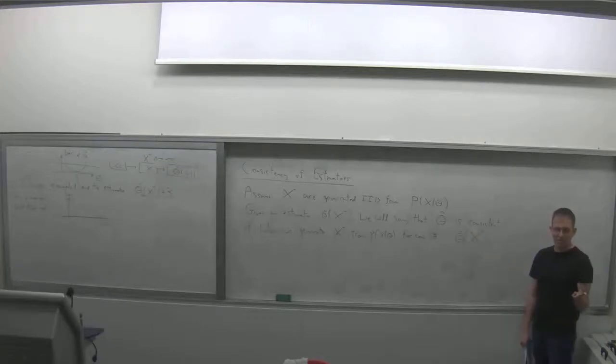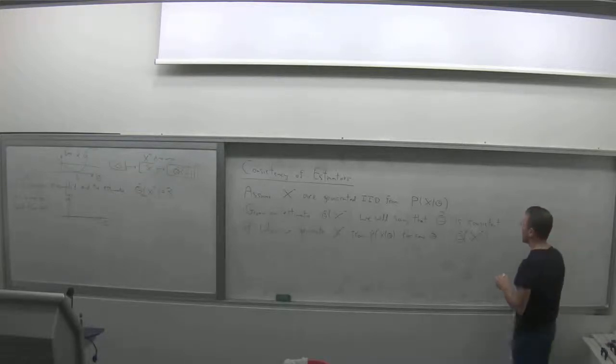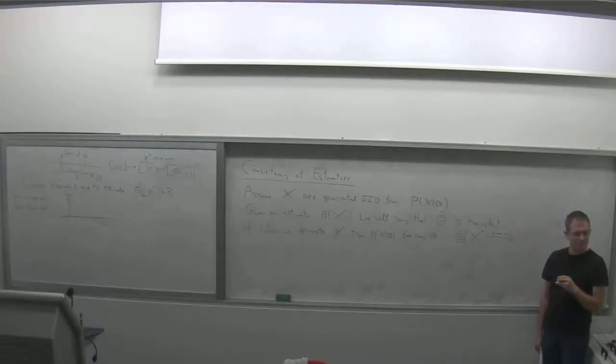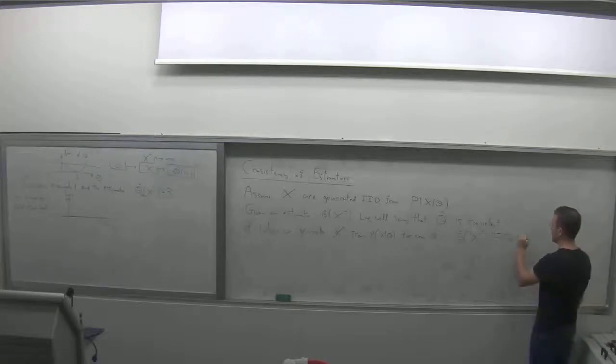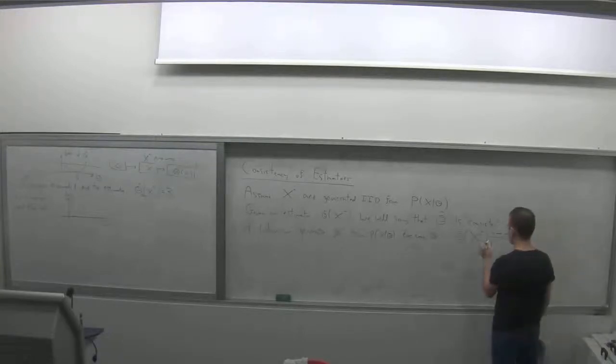It's an estimate, so every time you see a different observation, there's a different estimate. So we want to say that as n goes to infinity, this converges to what? Well, this thing, which is a number. So it converges in probability.